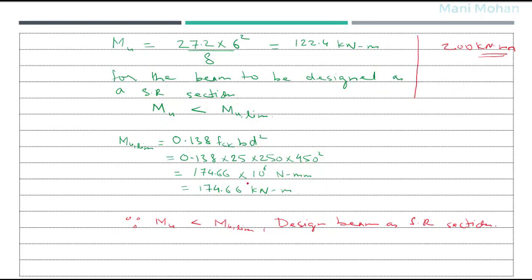But here I don't have any problem. Here you can see my Mu is less than Mu lim, so I have to design the beam as a singly reinforced section. Now the next step is what? You have to compute tension reinforcement. So my next step will be computation of tension reinforcement.